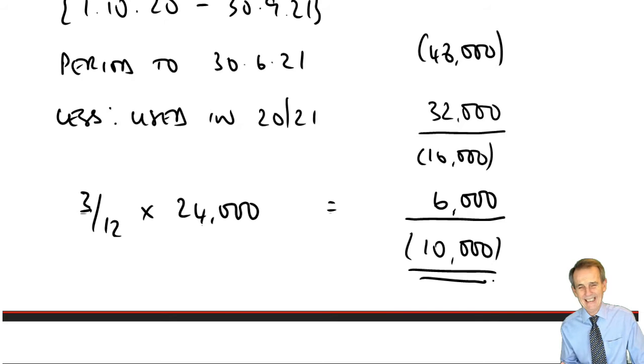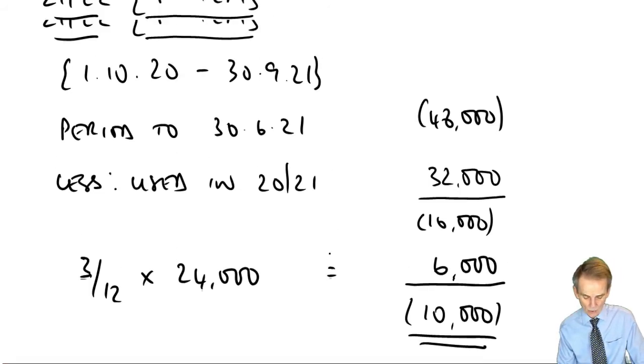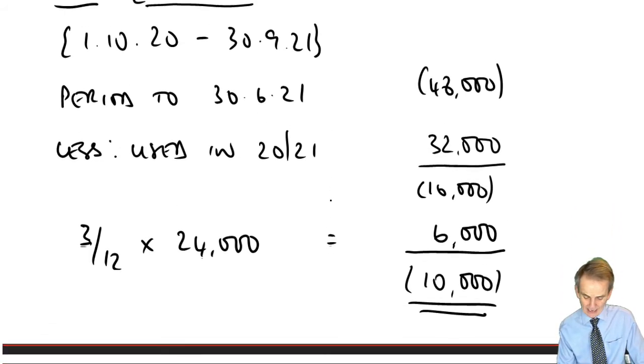What we have here is that we have already used our 32,000 in the 2021 tax year. We take it out of the full loss that falls into the basis period for the second tax year, leaving us with £16,000 there. But we're now deemed to use in aggregation some £6,000 of that loss against that profit.